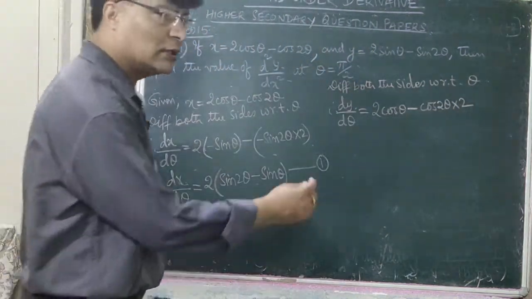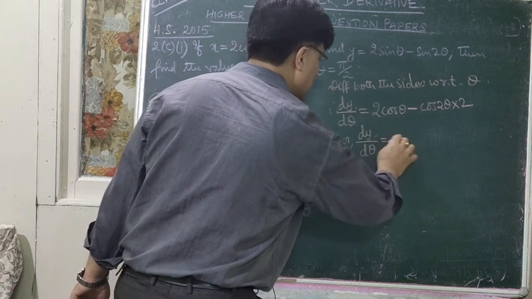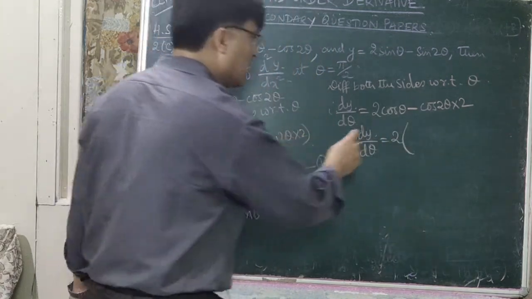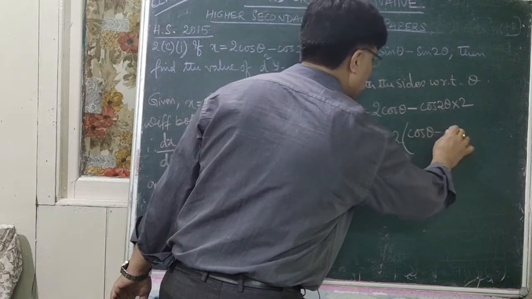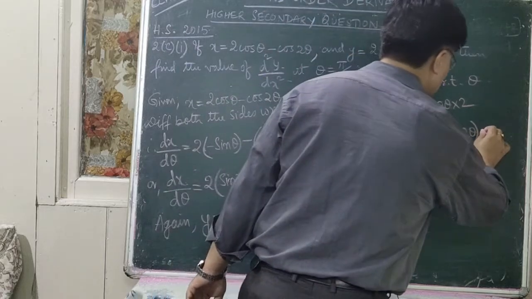Again 2 is common here, so dy by d theta is equal to 2 into, within the bracket, cos theta minus cos 2 theta. Is that clear? So this is number 2.